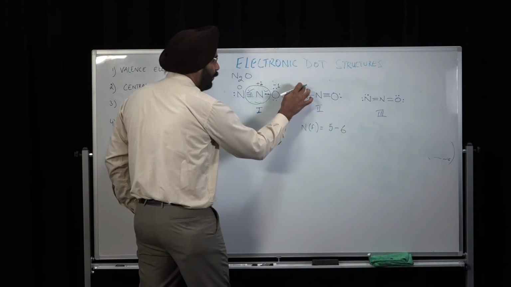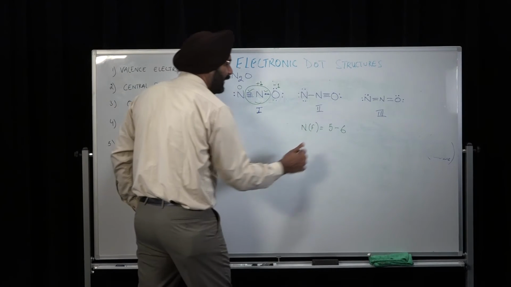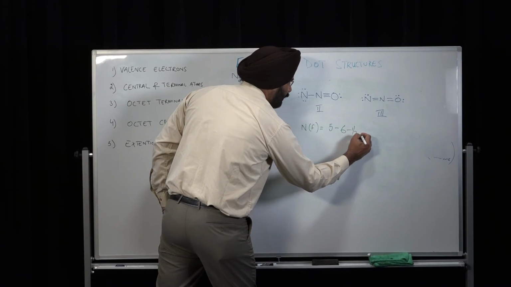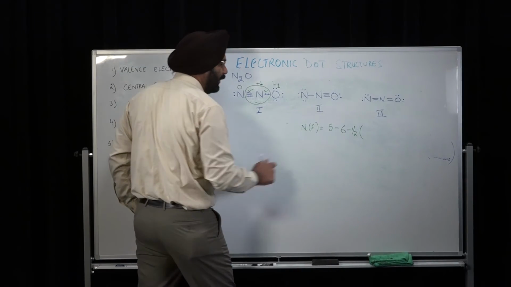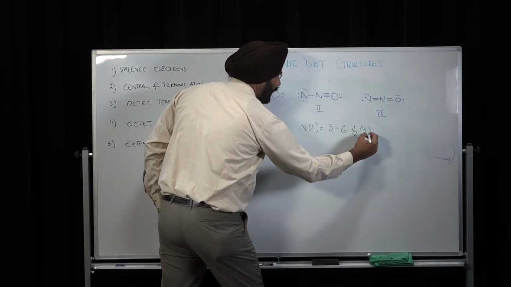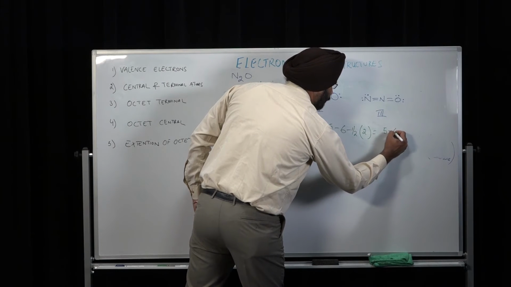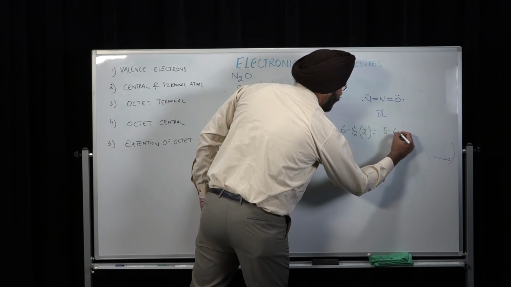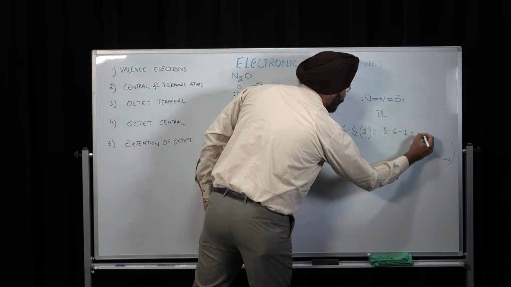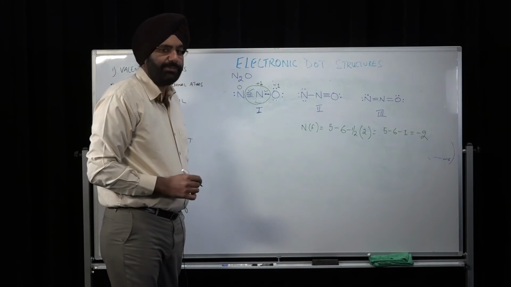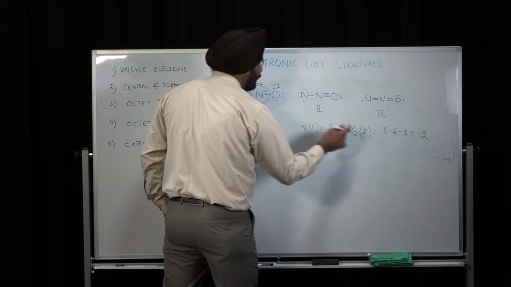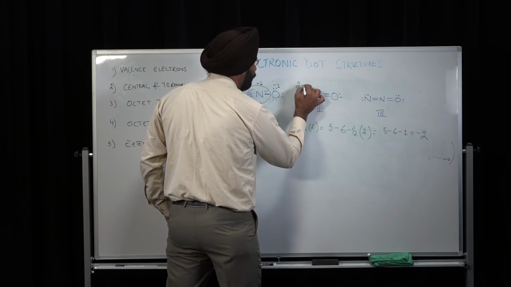There are 6, 1, 2, 3, 4, 5, 6, minus half of the bonding electrons. I'm just seeing 1 bond. That means there are 2 bonding electrons. So what I get is 5 minus 6 minus 1. So that means negative 2. So this is a negative 2 here.